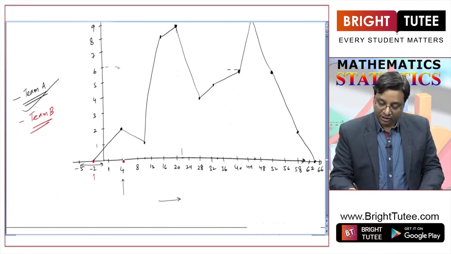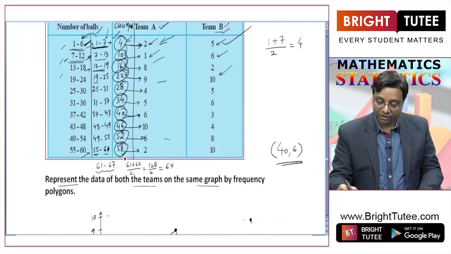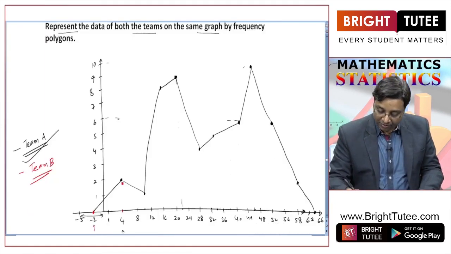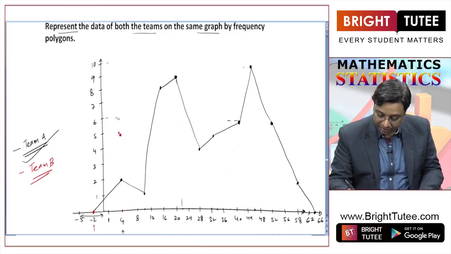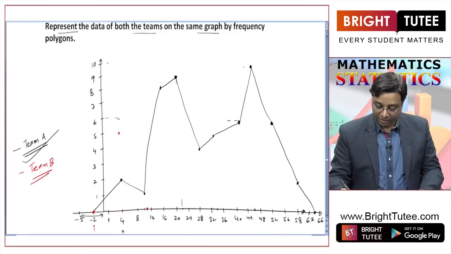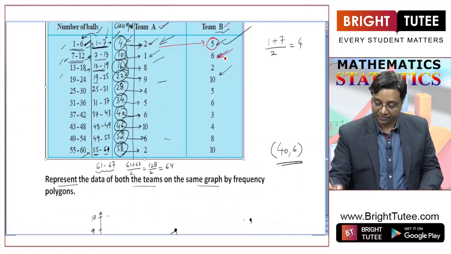Now corresponding to this class mark 4, I don't have to see that, I just have to see this now. Team B has scored 5 marks. So above this point I'll have this point for team B. Corresponding to this class mark 4, I'll have 5 here. And corresponding to the next class mark, what is the next number? 6.